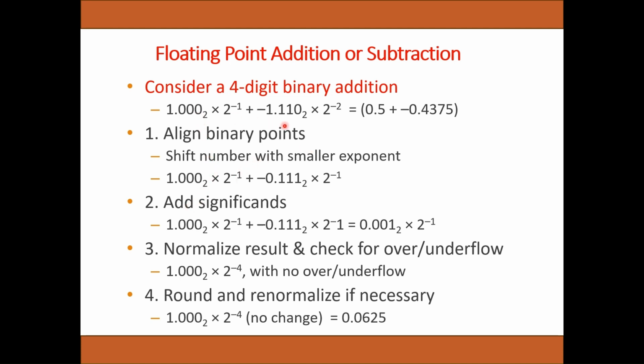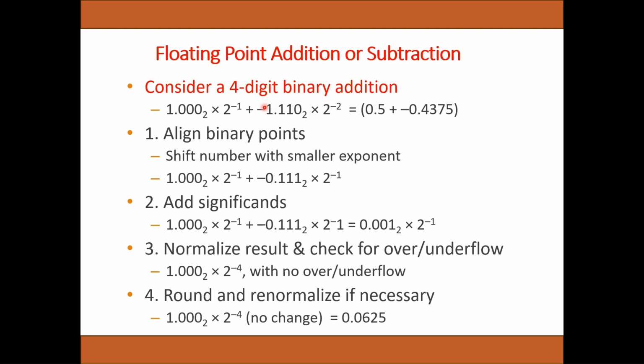Here the first number had 2 to the power -1, and the second number was 2 to the power -2. So this is the smaller number. The second number will be shifted towards the right.